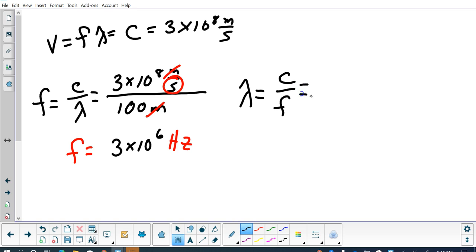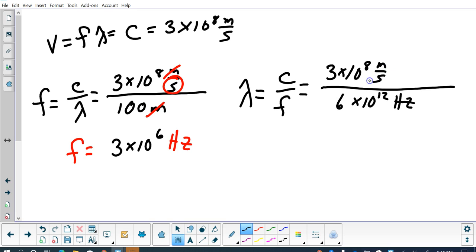If, for example, you wanted to find the wavelength of some wave that had, let's say, a frequency of 6 times 10 to the 12th hertz, once again, you're still going to use 3 times 10 to the 8th meters per second.